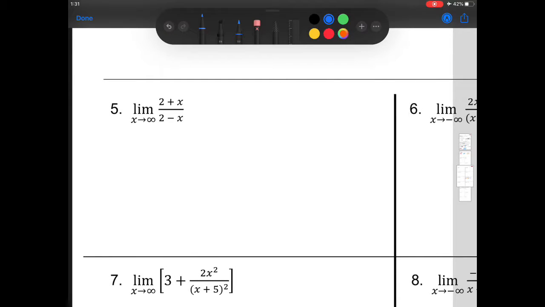No, it won't be right because this is not in standard form. You want to write your x terms first. So I'm going to rewrite it in standard form, or descending order. So it'll be x plus 2 over negative x plus 2, right? And now do the leading coefficients. In the numerator, it's the same degree, so it's going to be 1 over negative 1, which is negative 1.